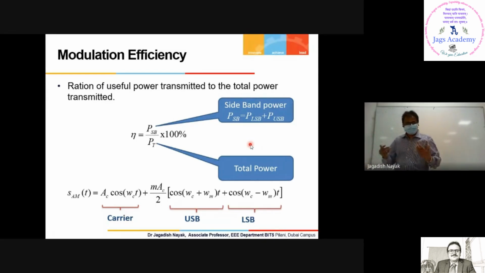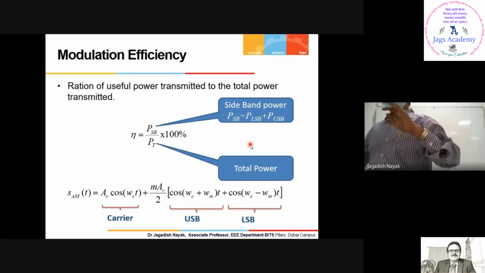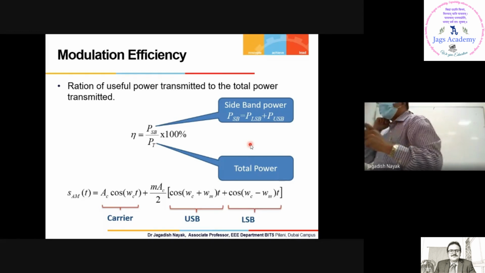So now efficiency is the ratio of useful power transmitted divided by total power transmitted. Now total power is equal to power in the carrier, power in the upper side band, power in the lower side band. Out of these three, do you require carrier? Carrier is not useful at all.